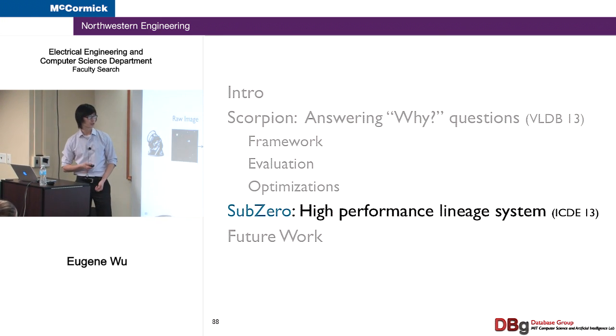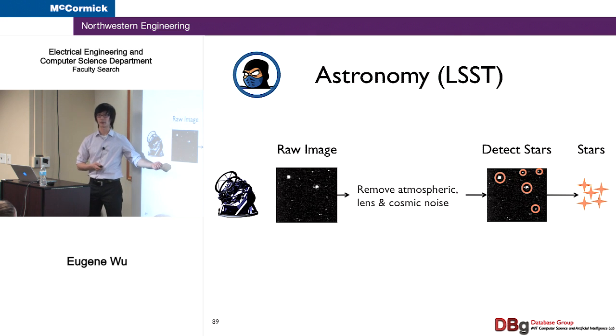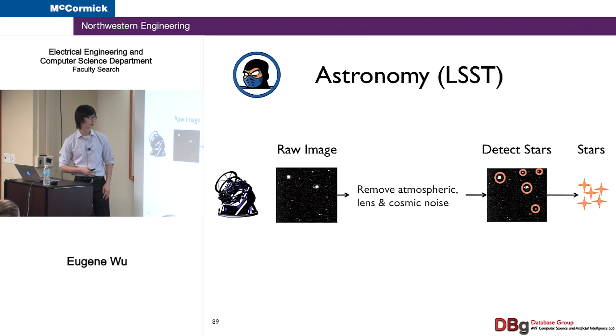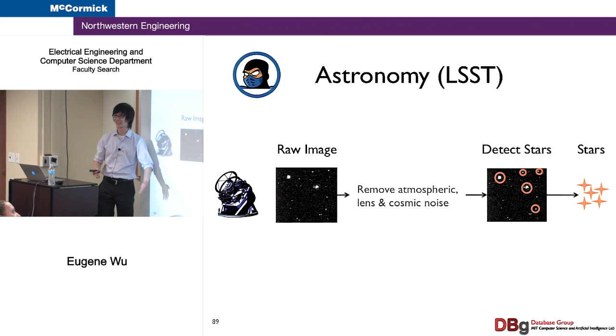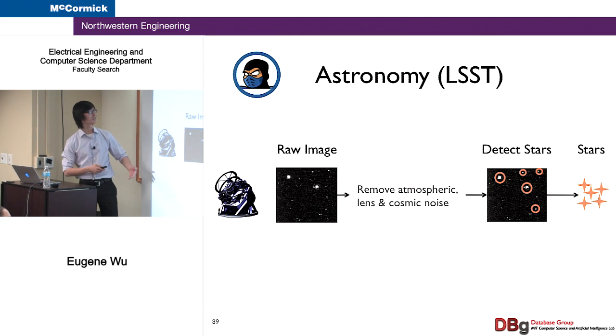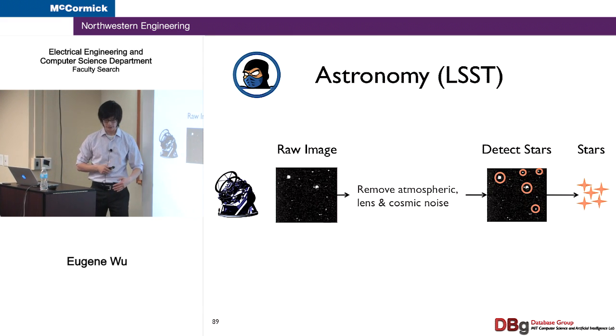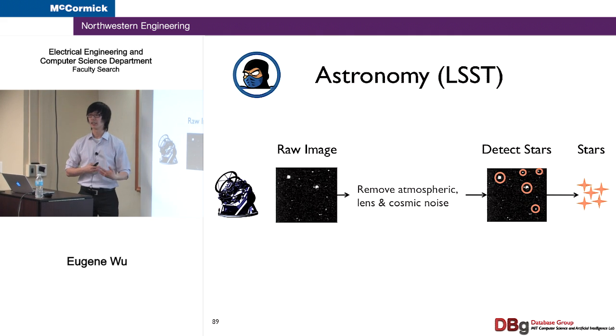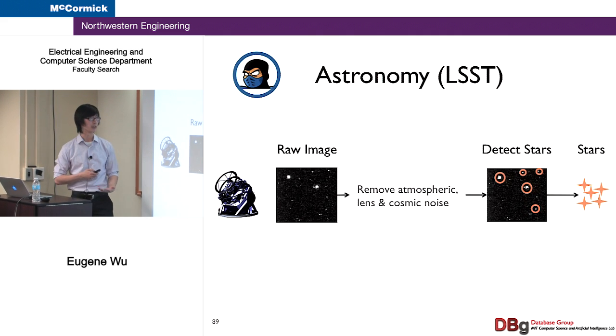The example I use throughout this part is based on our collaborators at LSST, which is the Large Synoptic Survey Telescope. Basically, you can imagine what their pipeline is, right? They take a big image, they clean it up, and they detect stars. And they're expecting to be processing over 300,000 images per night, or 10 million images a month.